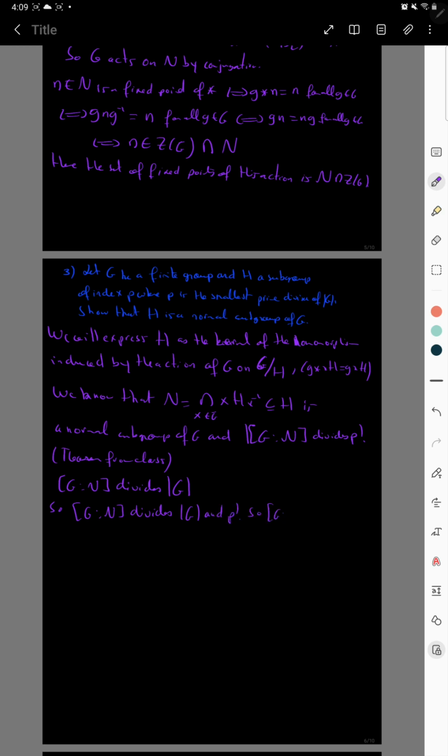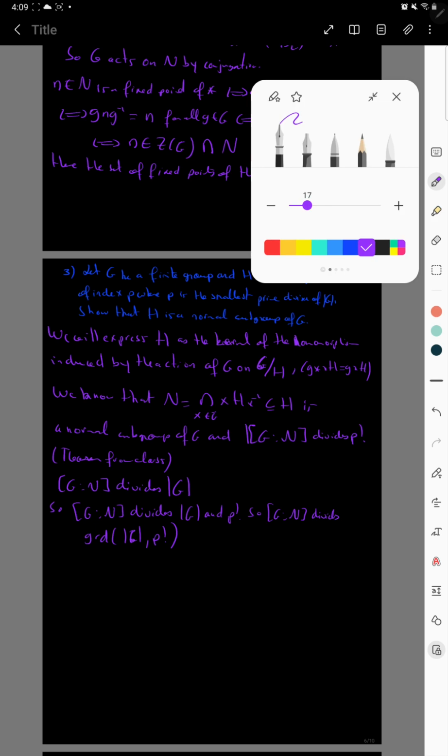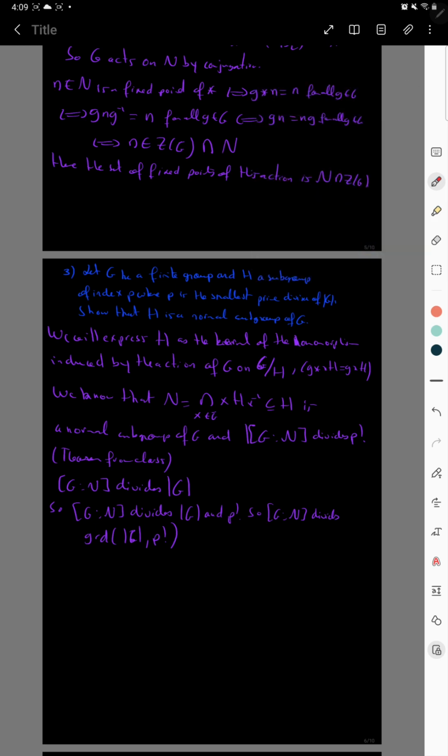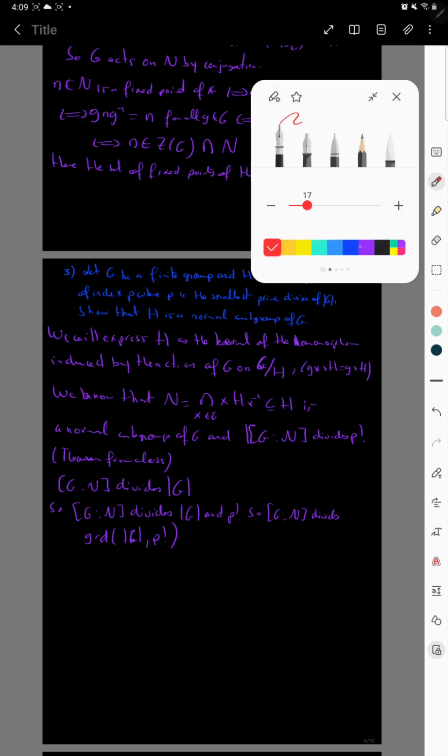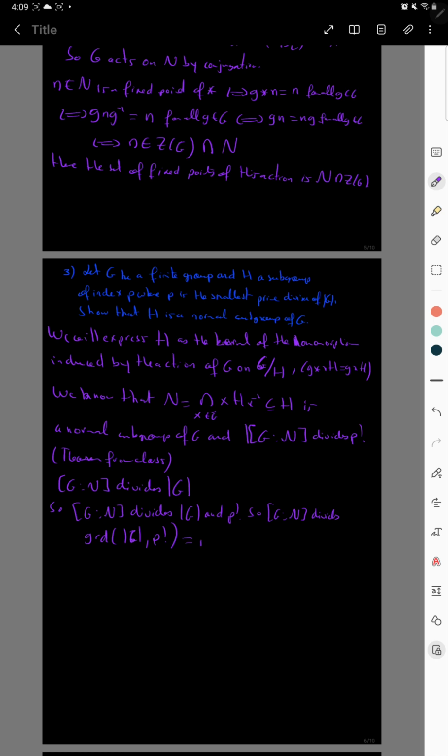So the index of N divides the GCD of |G| and p factorial. Okay, now what is the GCD of these two? Really, it's just a small number theoretic idea here, that the GCD will be exactly p.